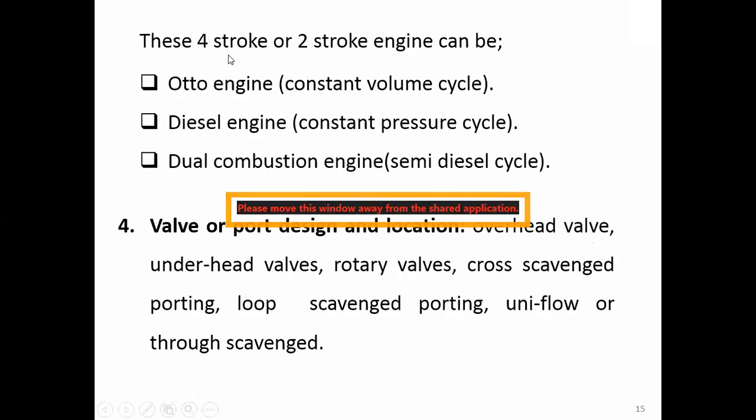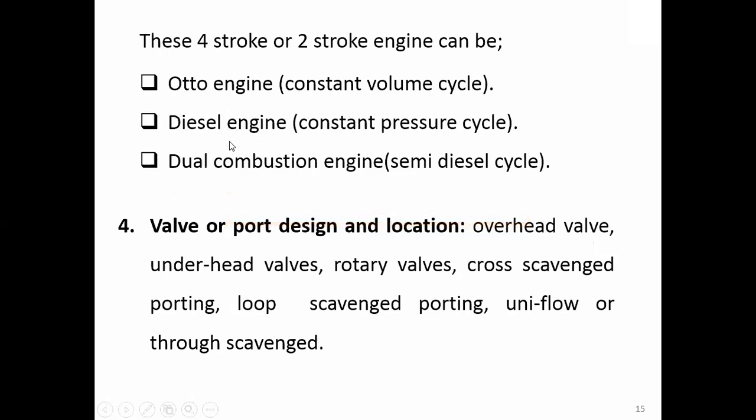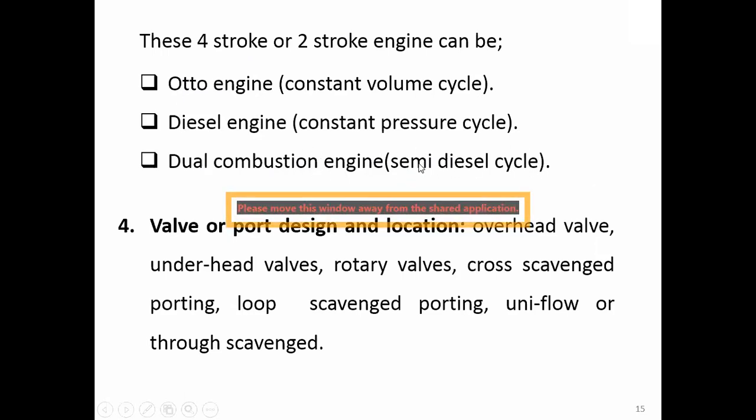This 4-stroke or 2-stroke engine can be either the Otto engine, the gasoline engine, or the diesel engine, or the dual combustion engine. We call it the semi-diesel cycle. We will talk about this later on. For the Otto cycle, it is a constant volume cycle, if you remember from thermodynamics. For the diesel engine, it is a constant pressure cycle here.